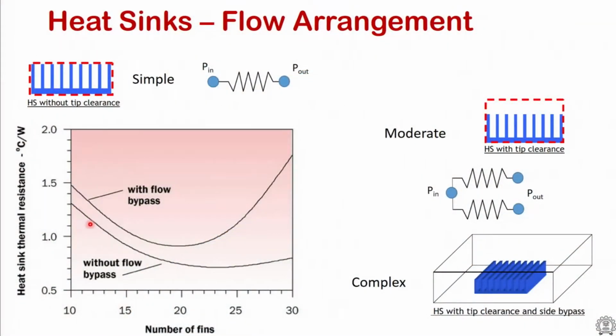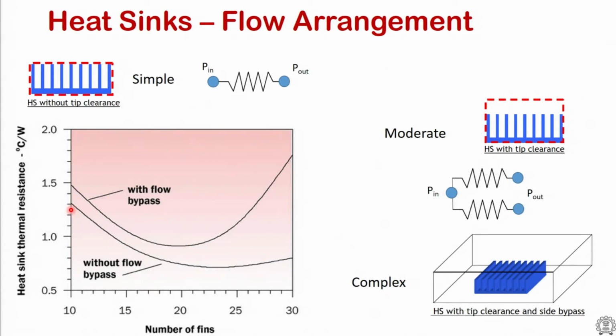In this case, the plot shown here, without bypass, is done for a constant pressure drop, and that's where we are comparing. What happens is that initially when we put fins, for a fixed pressure drop, when the fins are far apart, there is a lot more flow going through those fins.